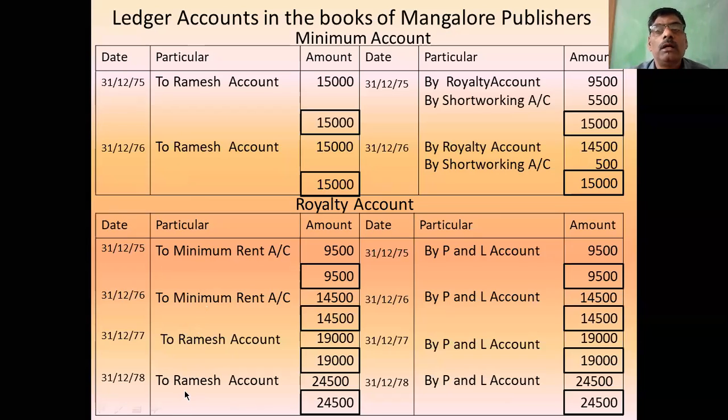In the minimum rent method, we make small changes. That is, for minimum rent years, how many years we prepare minimum rent? For those years, we write to minimum rent instead of lessor name.